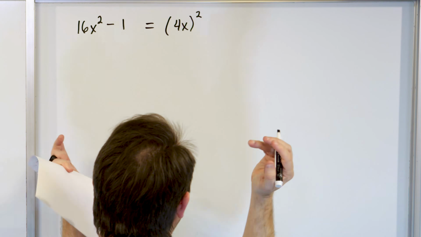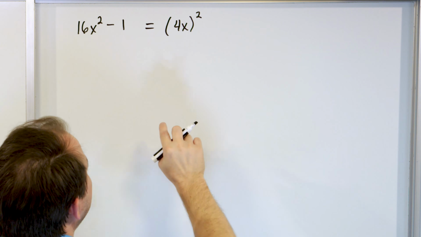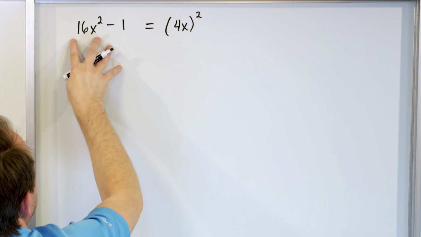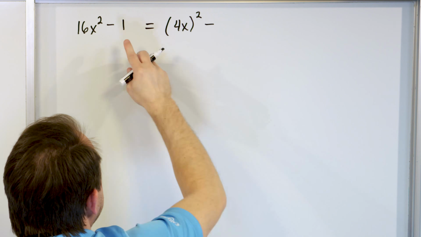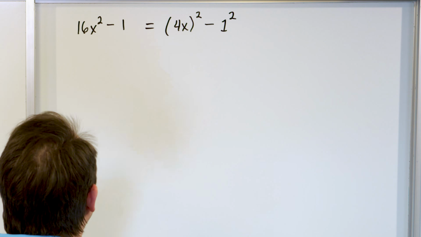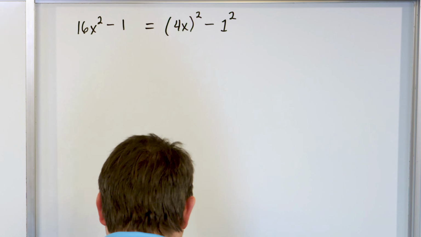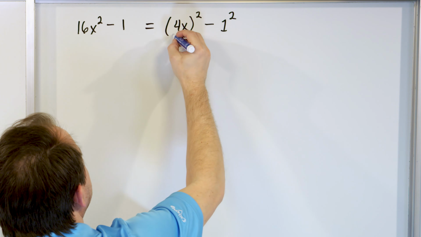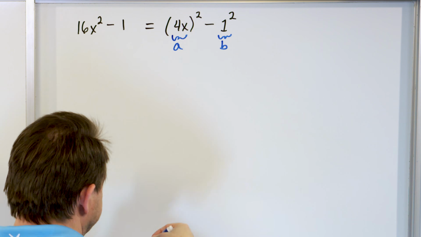So in a squared minus b squared, a is the whole quantity 4x. That's what has to be squared in order to give me this back. Minus, it has to be a difference, and 1 is a perfect square also because it can be written as 1 squared. So you see, even though the problem doesn't look like a difference of two squares, it actually is, where a is 4x and b is 1.